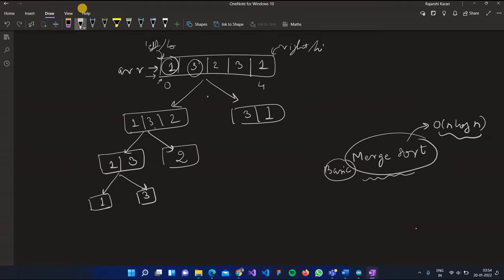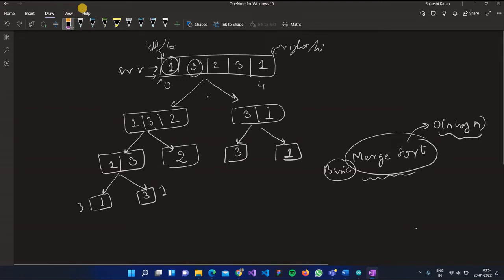Now just for example, suppose this would have been 3 1 instead of 1 3. In this case, we'll also be performing the division here, and it would be 3 and 1.